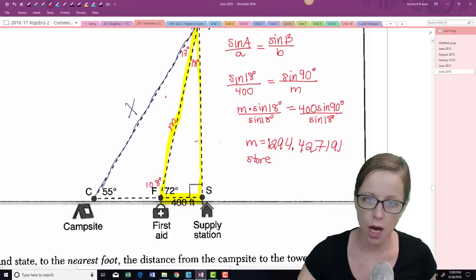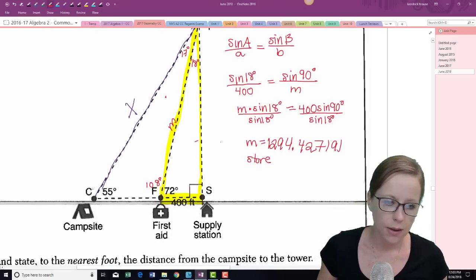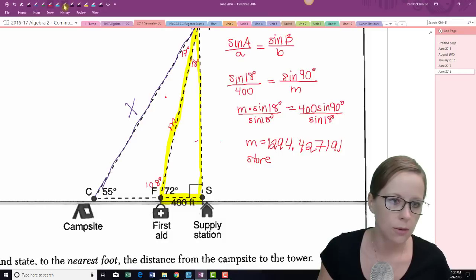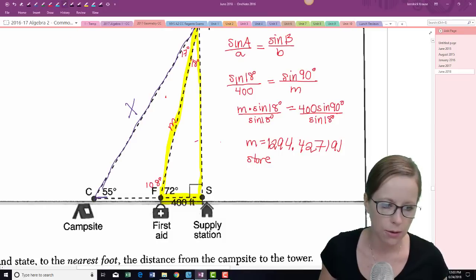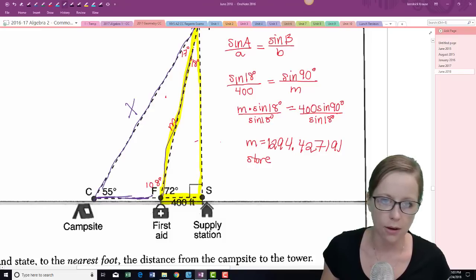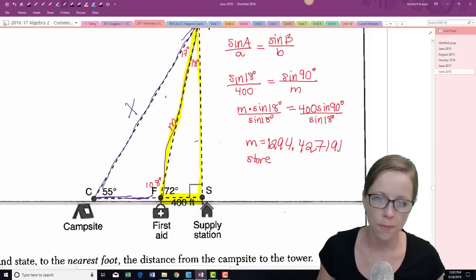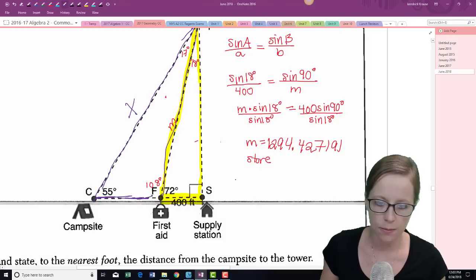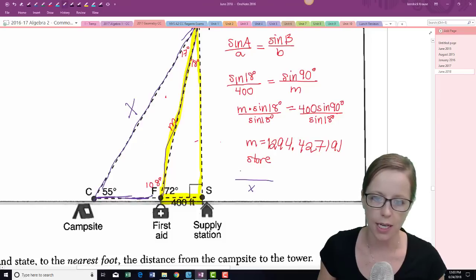Now I'm going to go to the awkward triangle. In the awkward triangle, where the X is, we don't know this side. We know this side, though, and I've stored it. So I want to know what X is. Across from side X is an angle of 108.